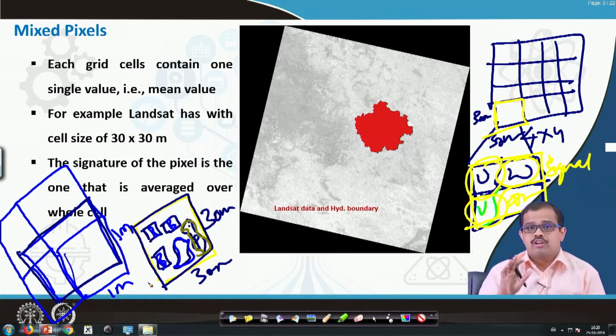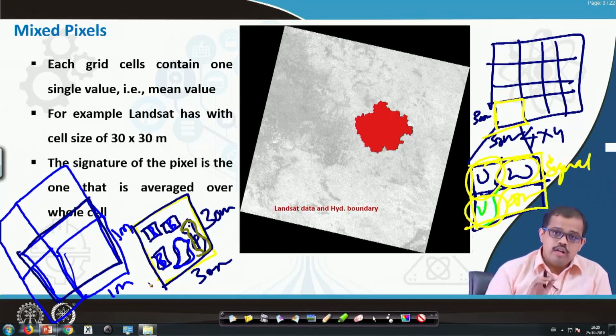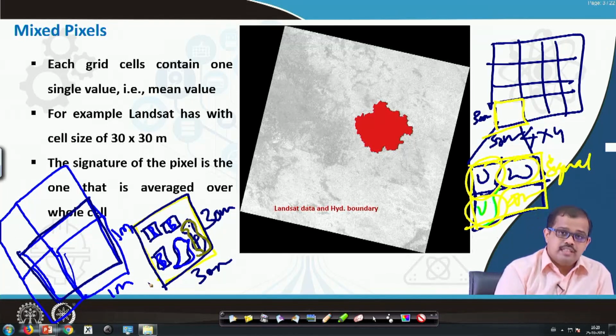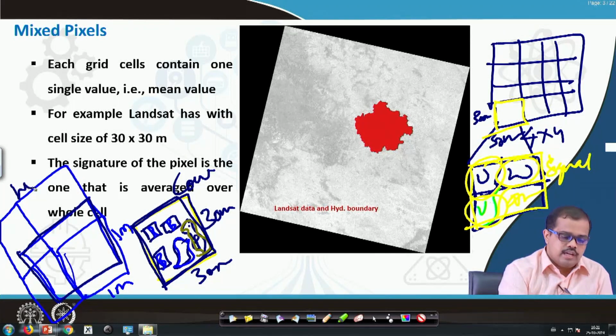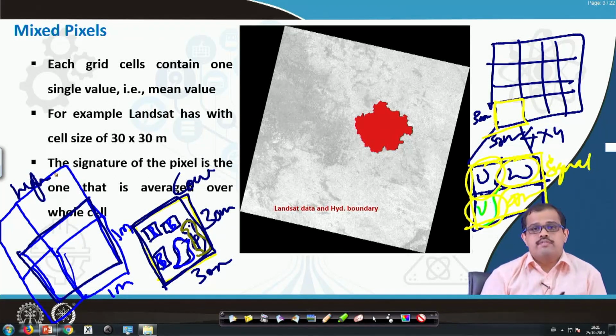This is actually gross information, or it gives you very few details about all of the quantities that are here, but this gives you a very detailed look at what quantities are there in this particular region, which means to say this has a better, high resolution, and the one which you are referring to here is a coarser resolution. This is coarser resolution data, whereas this is high resolution data. So that is what we have to understand when we are trying to understand high resolution versus coarse resolution.